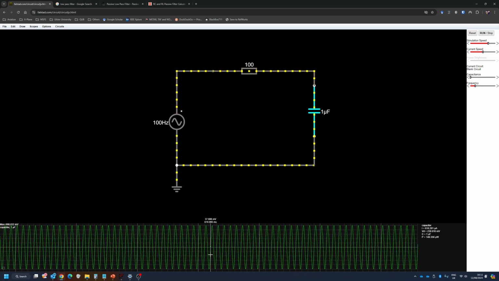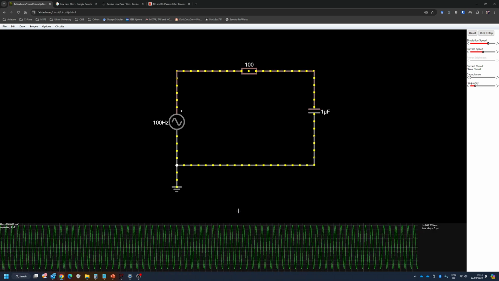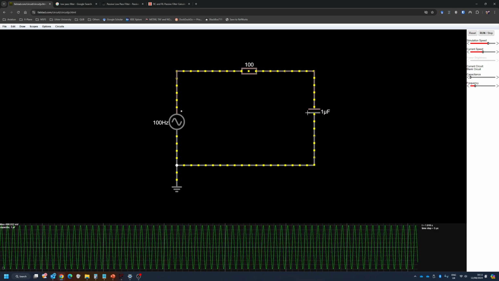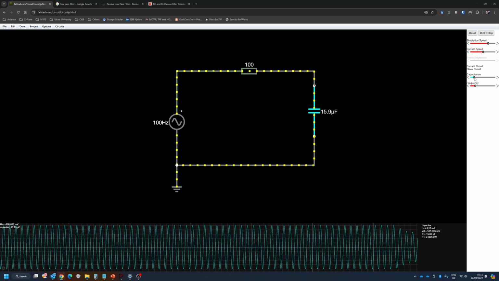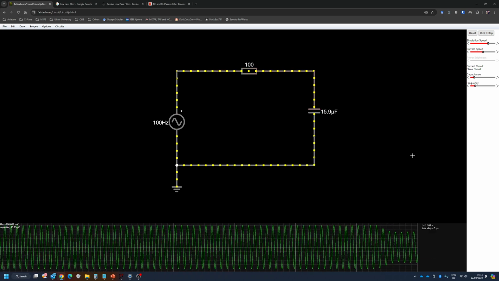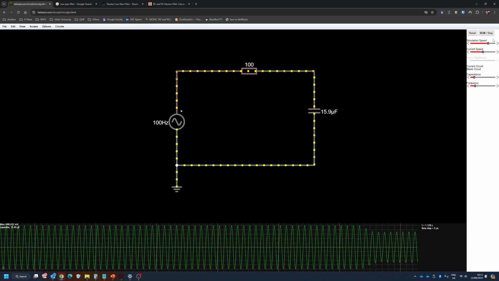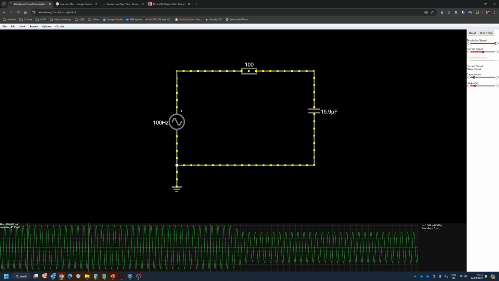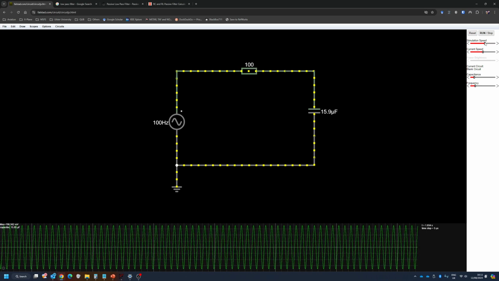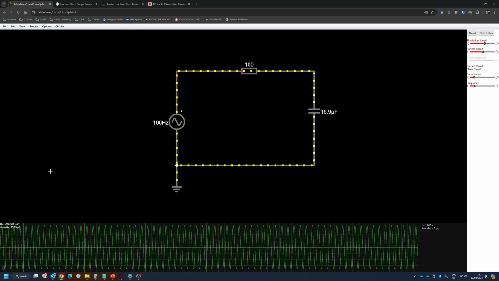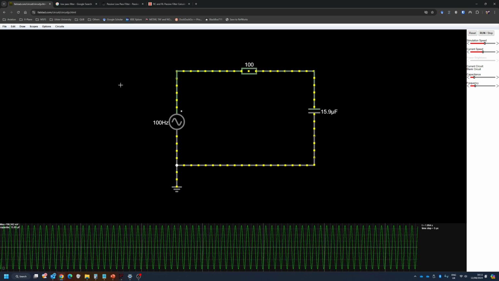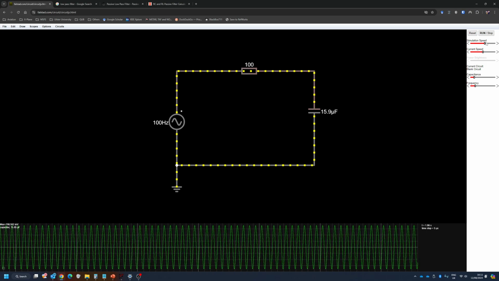Right now we are reaching very close. You can see the max is 0.998 volts. Let's increase this close to 16, 15.9, good enough. Now let's run this to see the new maximum voltage. Here we have 780 millivolts. So you see, this works very well.